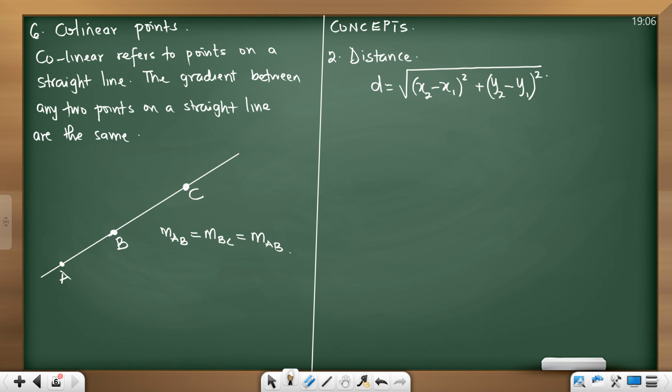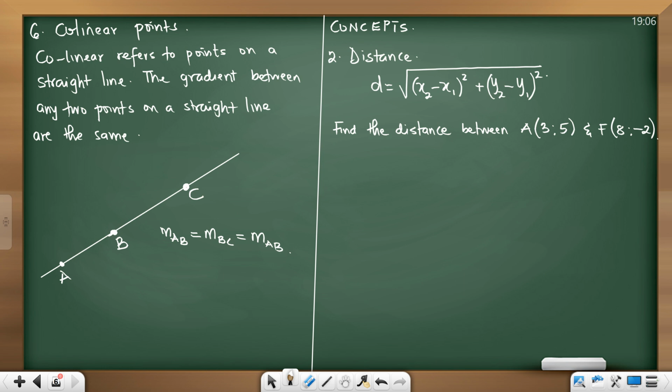Quickly find the distance. I'll finish with what I wanted to do, application. Find the distance between A (3, 5) and F (8, -2).